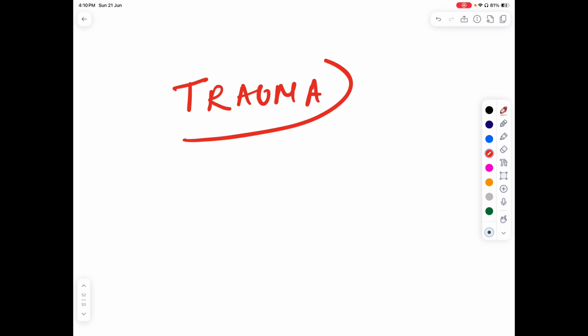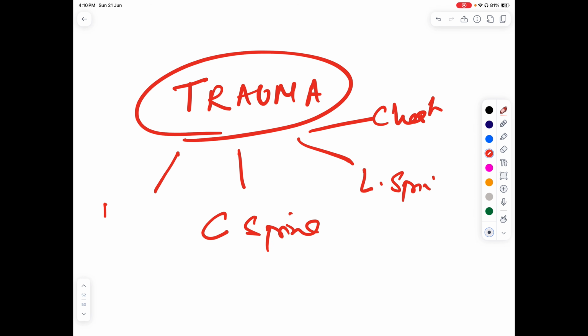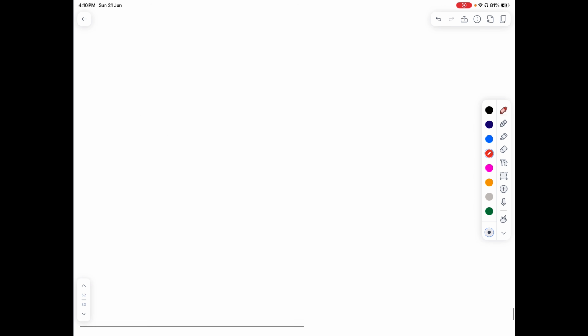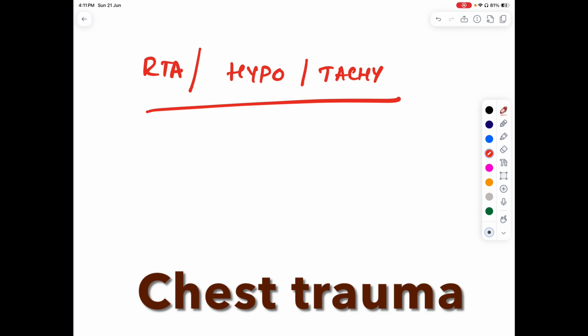This trauma can be chest, lumbar spine, cervical spine, or pelvis. The station can be a young male having a road traffic accident on a motorbike, now hypotensive and tachycardic. So this patient has tachycardia and hypotension, in shock. How will you assess this patient?